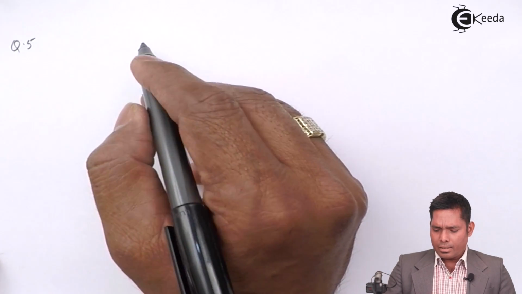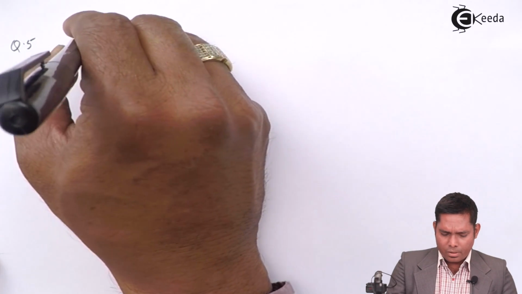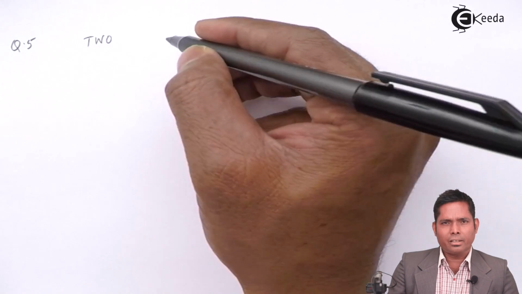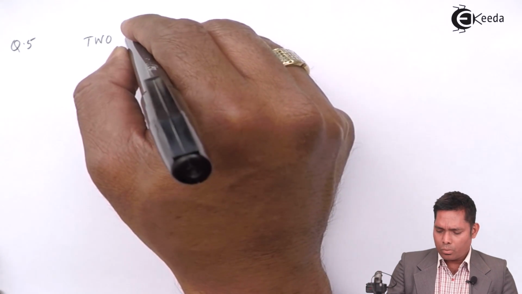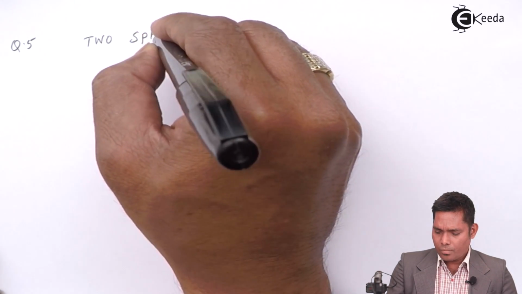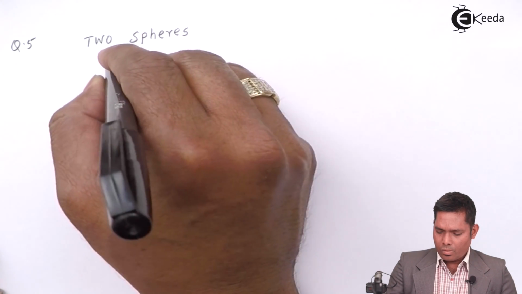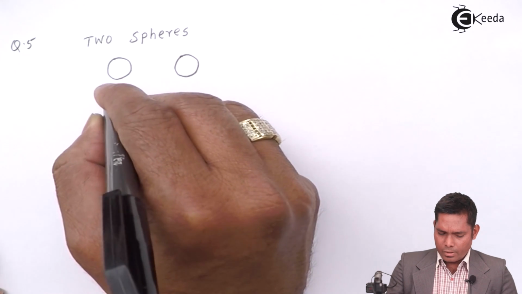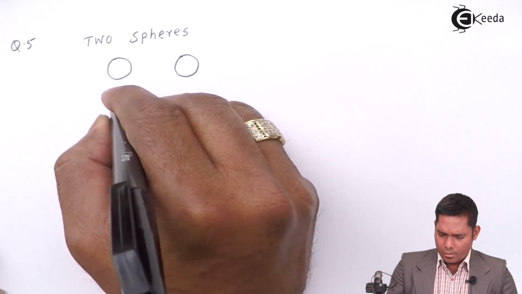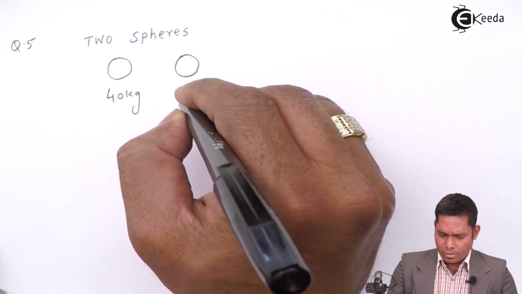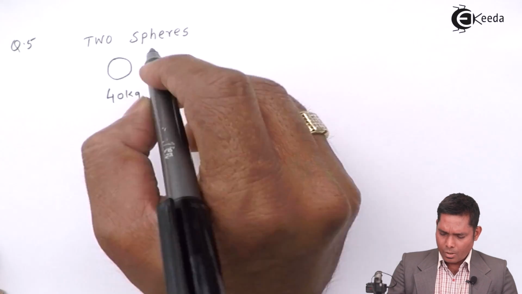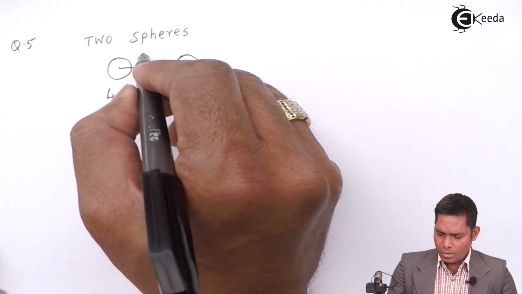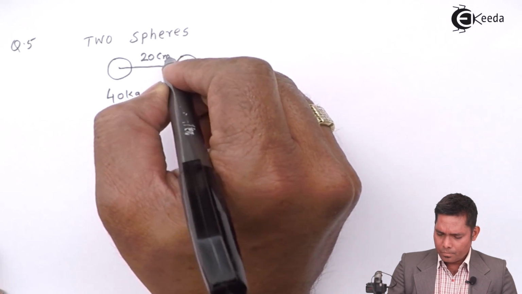It says that there are two spheres. I'll just write the data instead of the question. We have got two spheres. One is having 40 kg mass and the other one is having 15 kg mass, and their center to center distance is 20 centimeter.